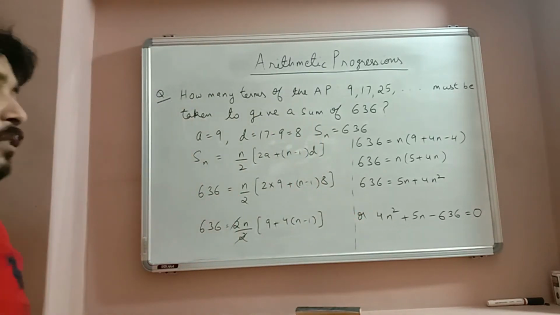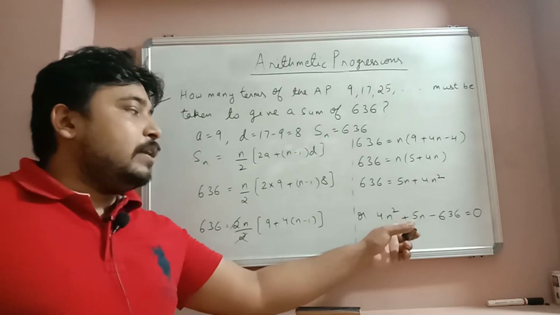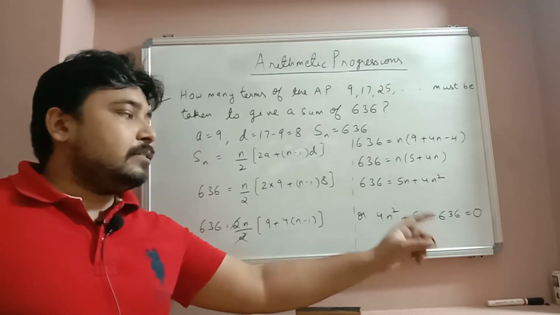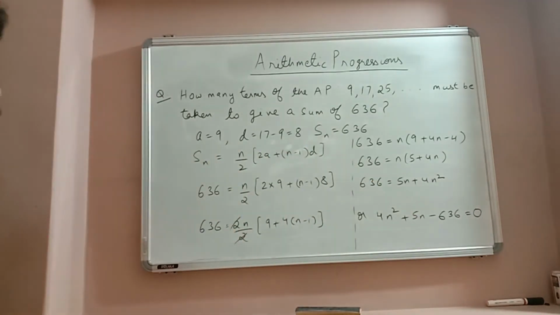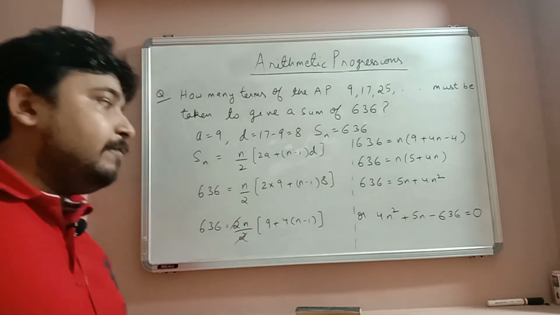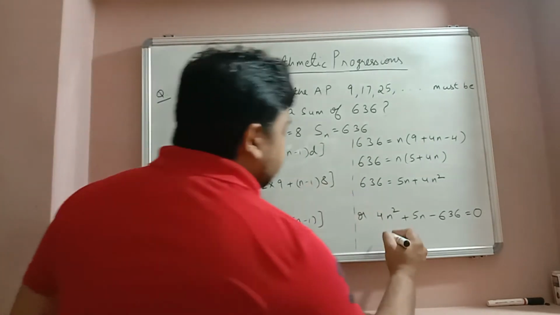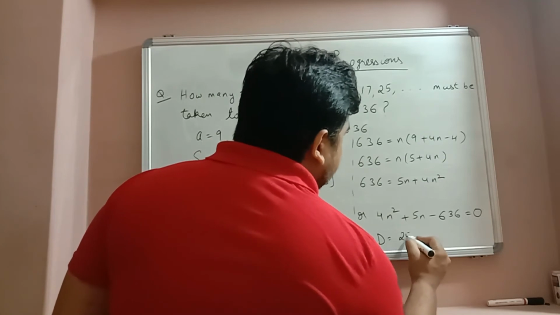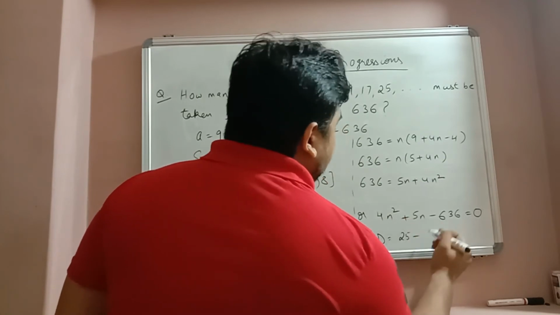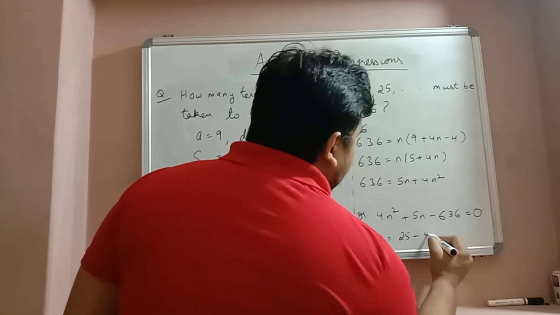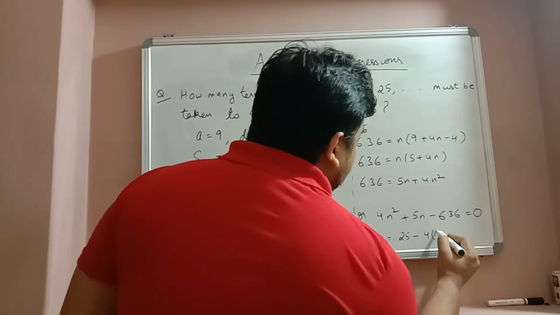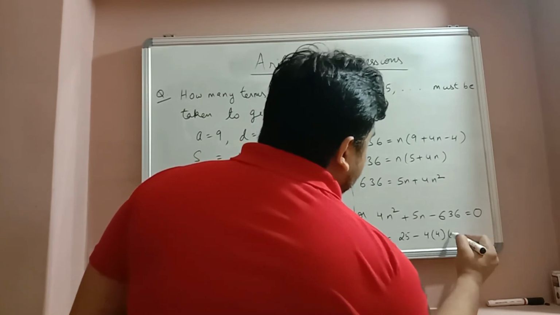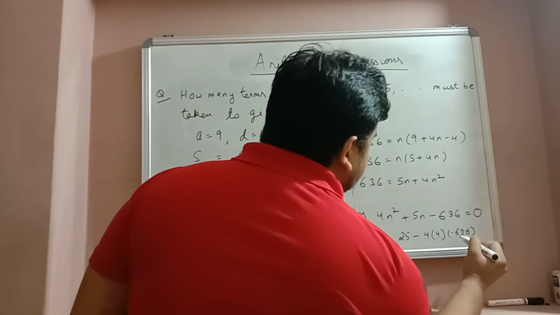Now we need to solve this quadratic equation 4n square plus 5n minus 636 for the value of n. Let's use the quadratic formula. First let us find D. So D will be b square minus 4ac, that is 5 square, 25, minus 4 times 4 into minus 636.